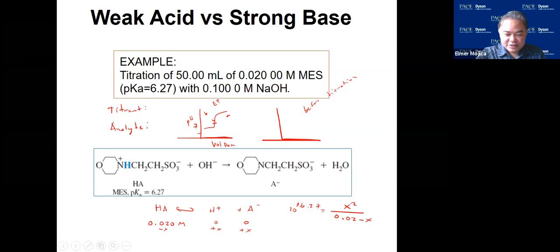I think I'm right there. So what would be the x here? The x is your H plus, and once you have it, you can get the pH.